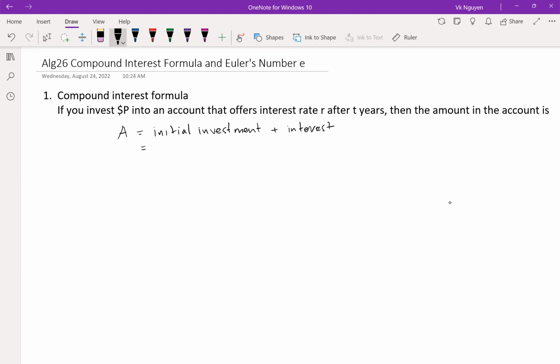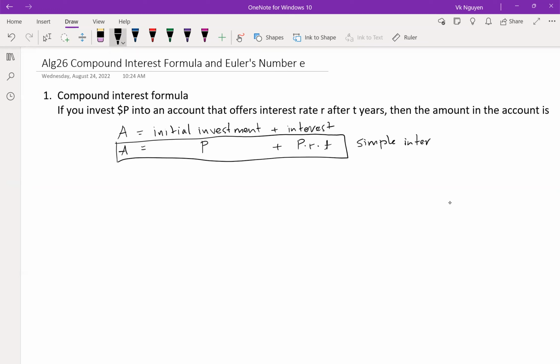The initial investment is P. The interest is P multiplied by the interest rate r multiplied by the time t, so P r t. This formula right here, let's call it the simple interest.